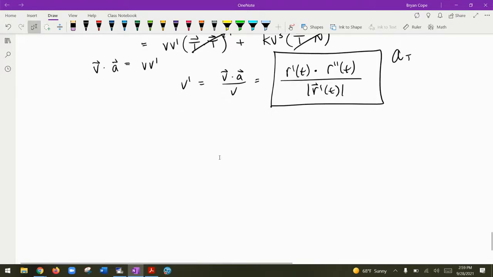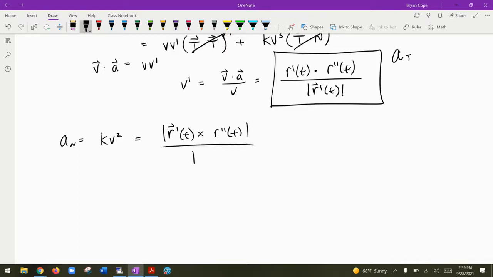This one allows us to only know r prime dot r double prime over magnitude of r prime. That's A sub T. A sub N is easier to derive because it was kv squared. Curvature is r prime cross r double prime over the magnitude of r prime cubed. And v squared is the magnitude of r prime squared.